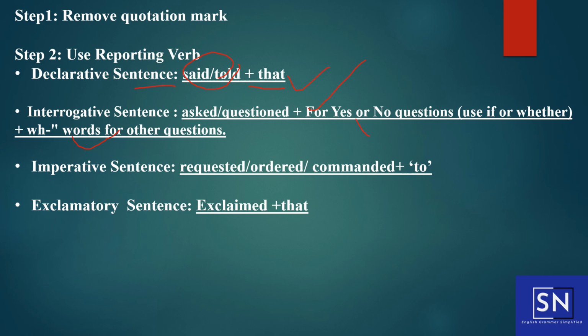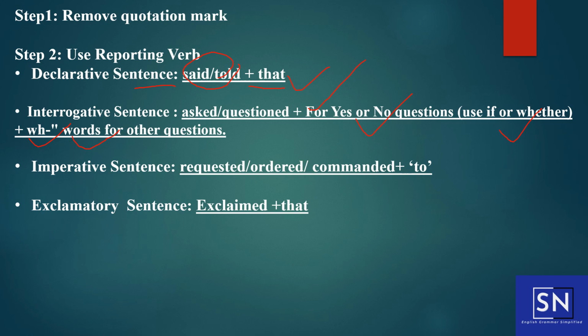One is the yes or no question, another one is the WH question. And you all know that yes or no questions begin with helping verbs: is, am, are, was, were, do, does, did. So if it is a yes or no question, use the helping verb with if or whether. It is compulsory. If it is a WH question, use the WH word itself.